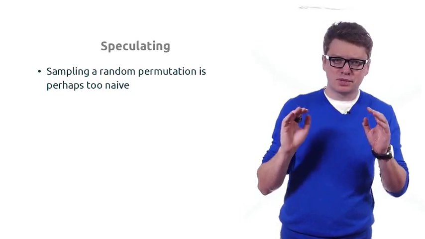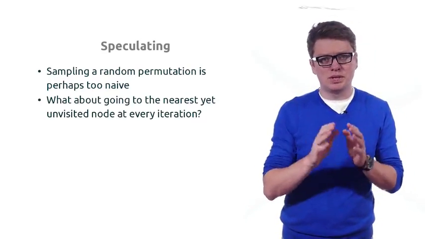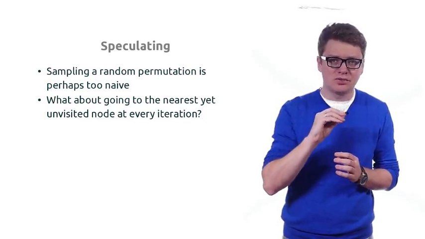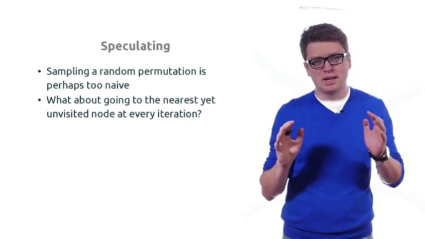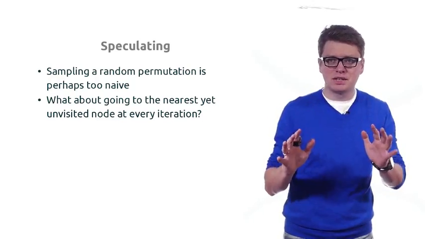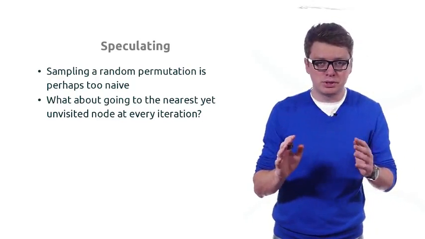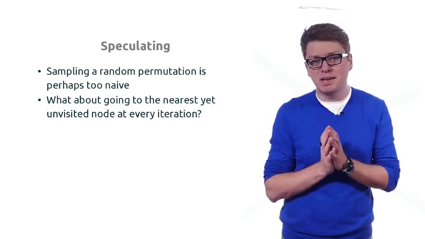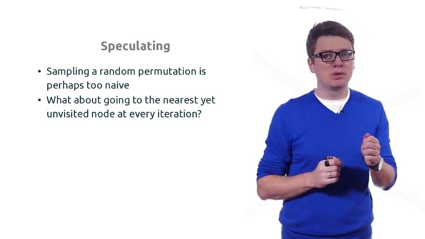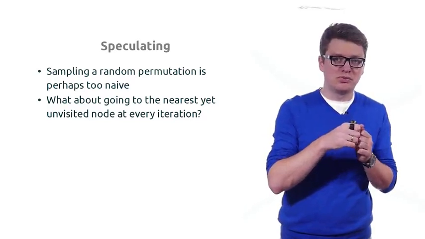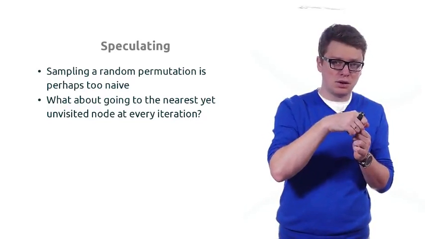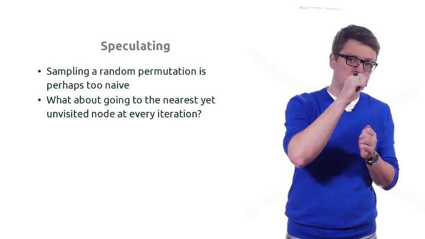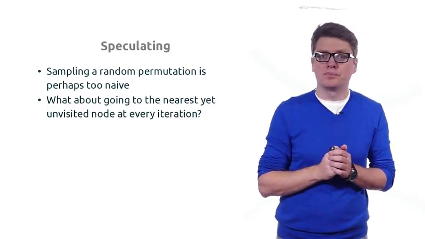At the same time, for the input data for which taking a random permutation gives a bad result, we've seen a very reasonable approach that produces an optimal solution and does this very quickly. Namely, we start at some node, and at every iteration we try to visit the node which has not yet been visited so far, and it is the closest such node, right?